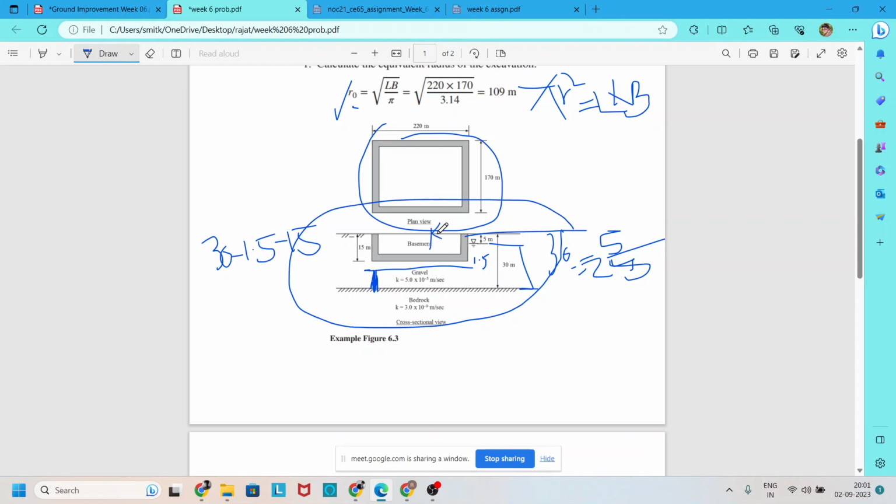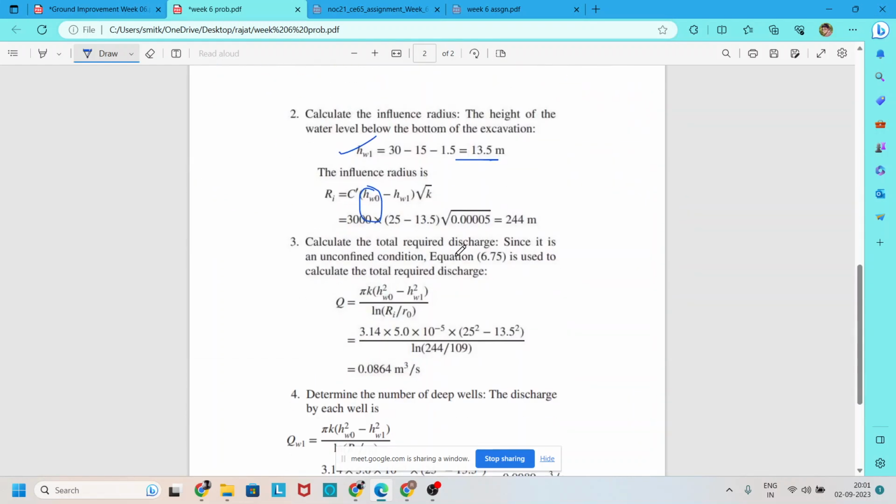We use an empirical formula: Ri = C' × (H0 − Hw1) × √K, where C' is given as 3000, H0 we found is 25, Hw1 we found is 13.5, and permeability is given as 5 × 10^-5. After this we find the influence radius.